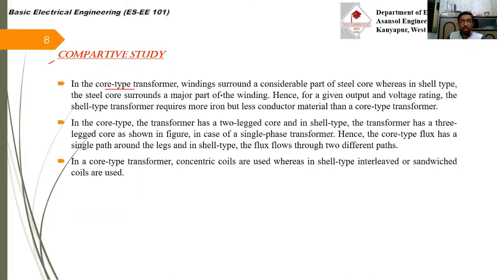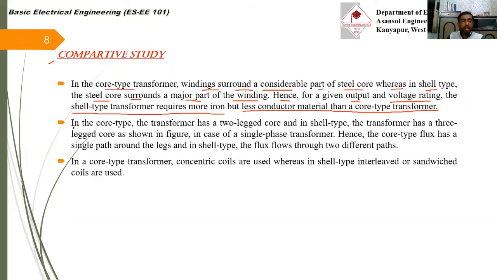In the core type transformer, windings surround a considerable part of the steel core, whereas in shell type, the steel core surrounds a major part of the winding. Hence, for a given output and voltage rating, the shell type transformer requires more iron but less conductor material than the core type transformer.